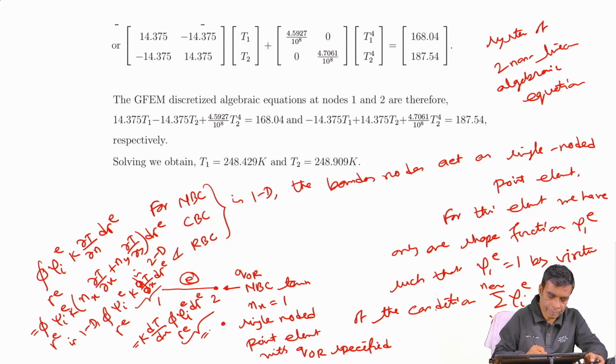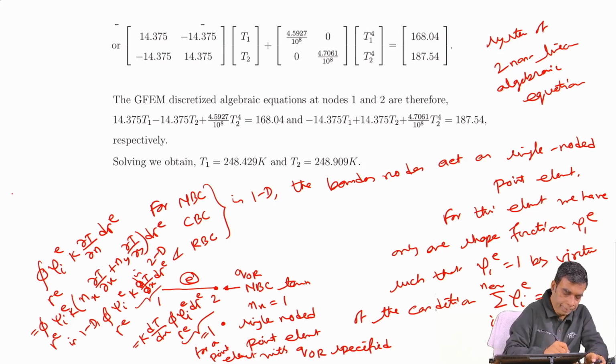Now this term becomes 1 for a point element. So from here we get k dT dx into 1 equals Q0R at the right boundary.